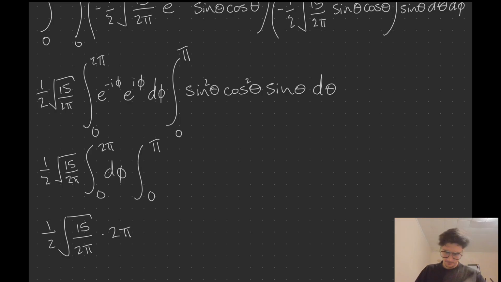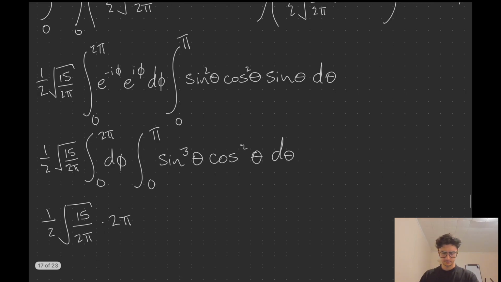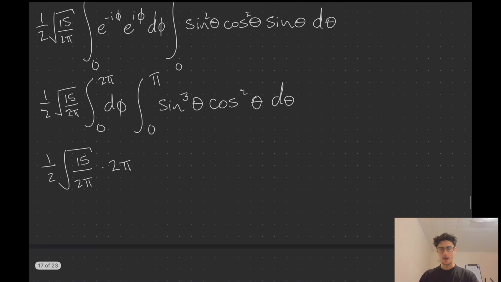How do we do this one? Sine cubed theta, cosine squared theta, d theta. It's not bad. We're actually moving there. We're almost there. But how do we do this integral?